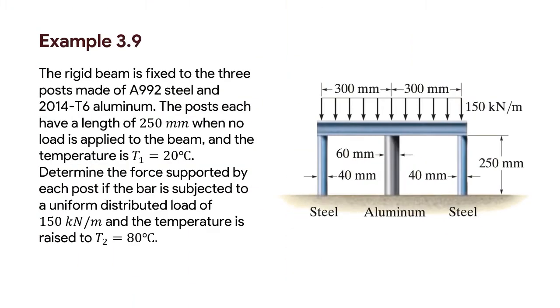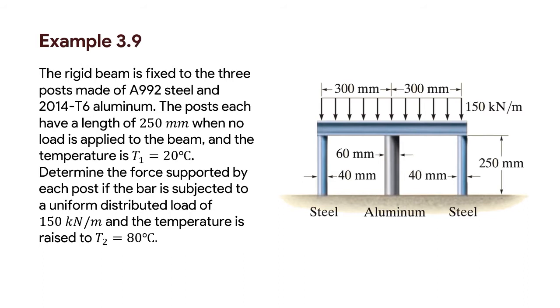Okay. So, let's have an example. Okay, let's have this example. So, we have these 3 posts nga nag-support aning atong rigid nga beam. Okay? And kani atong rigid beam, na subject siya of a distributed load of 150 kilonewtons per meter. Okay?